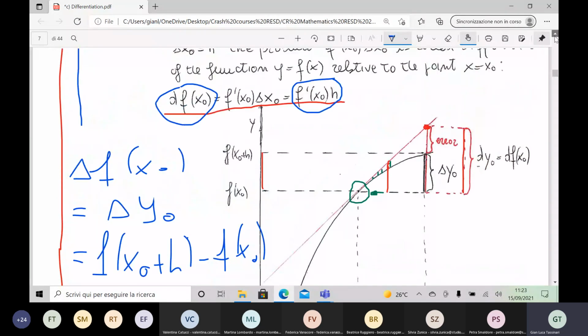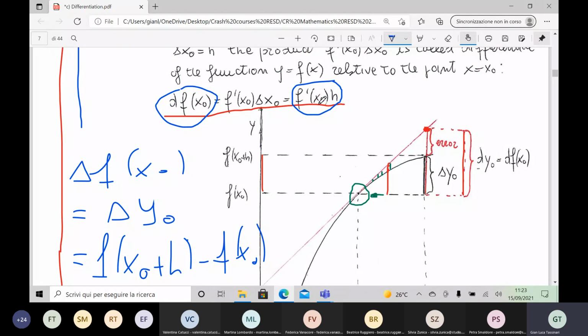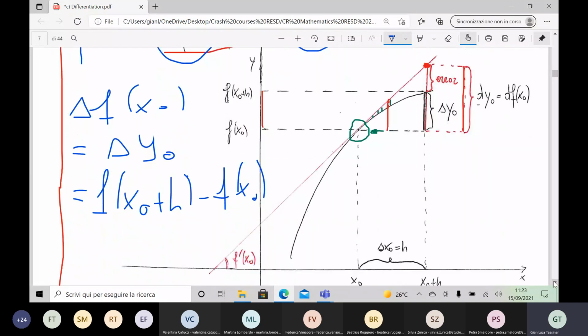Look, graphically, estimate now, guys, the change in the value of the function by moving yourself along the tangent line. So the initial value is f of x0, then increase and go to x0 plus h, then go vertically until you touch the tangent line.